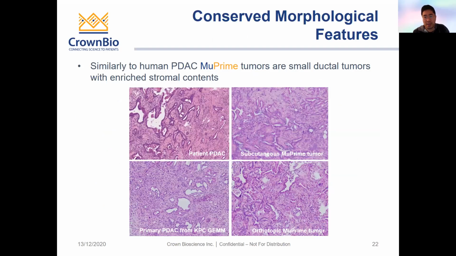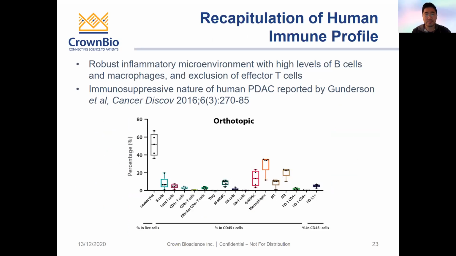Looking at morphology, the top left is the patient PDAC, and the bottom left is a primary PDAC from KPC GEM mice. On the right are subcutaneous and orthotopic MuPrime. We can see the structures are all small ductal tumors with enriched stromal content, so structurally, it's clinically relevant.